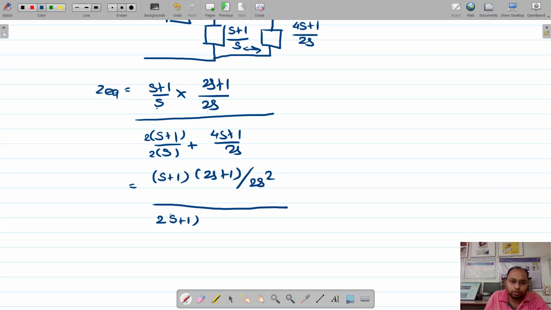2s plus 1, so 2 into bracket s plus 1 plus 4s plus 1 divided by twice s. Am I right? Because we have simply multiplied and divided this term by 2.